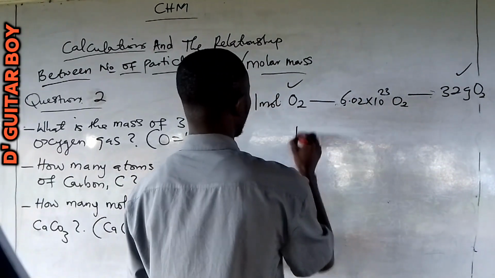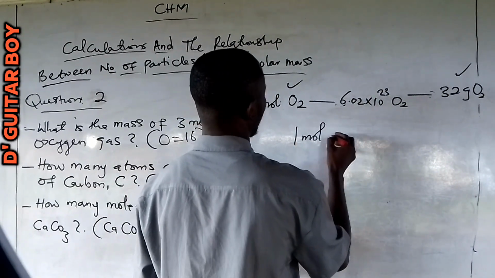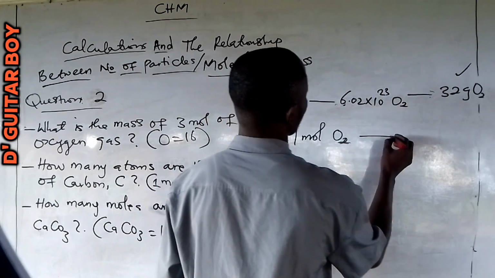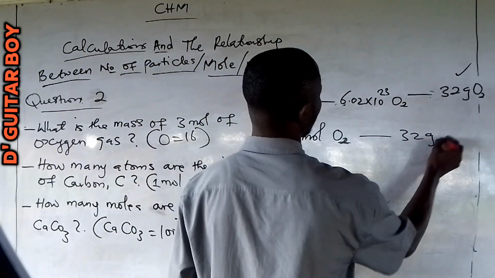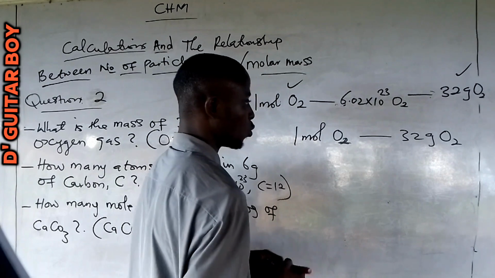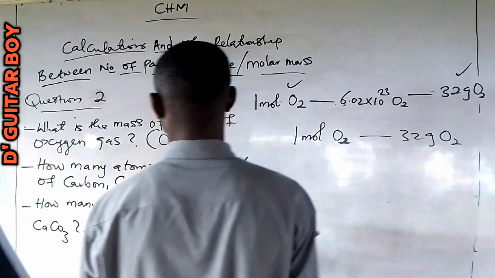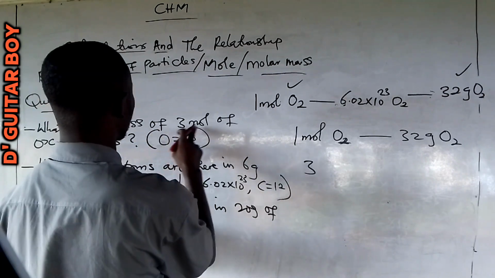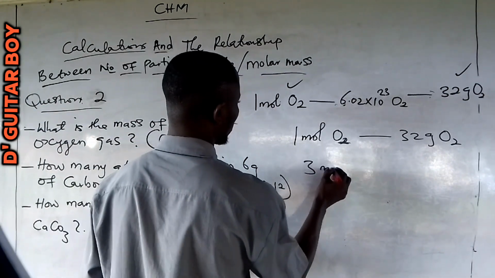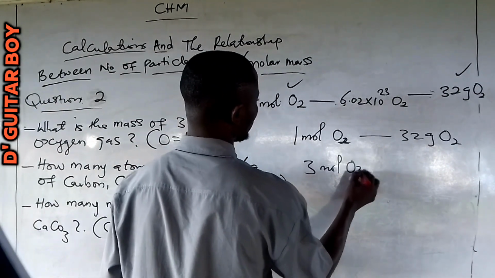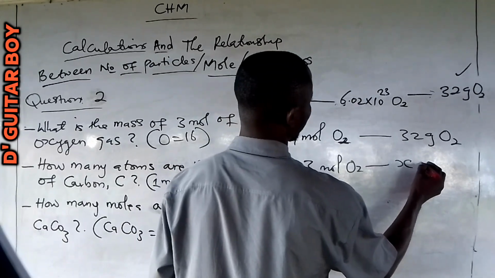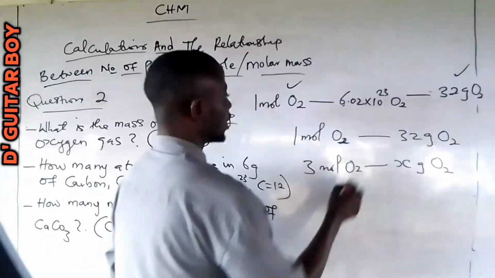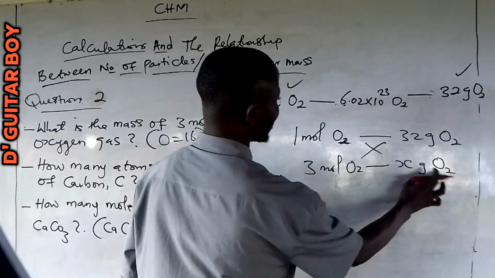You say 1 mole of oxygen molecule will give you 32 gram of oxygen molecule. Therefore 3 mole, because they say what is the mass of 3 mole, 3 mole of oxygen molecule will give you S gram of oxygen molecule. You see how easy it is. Then when you cross, S is what you are looking for.